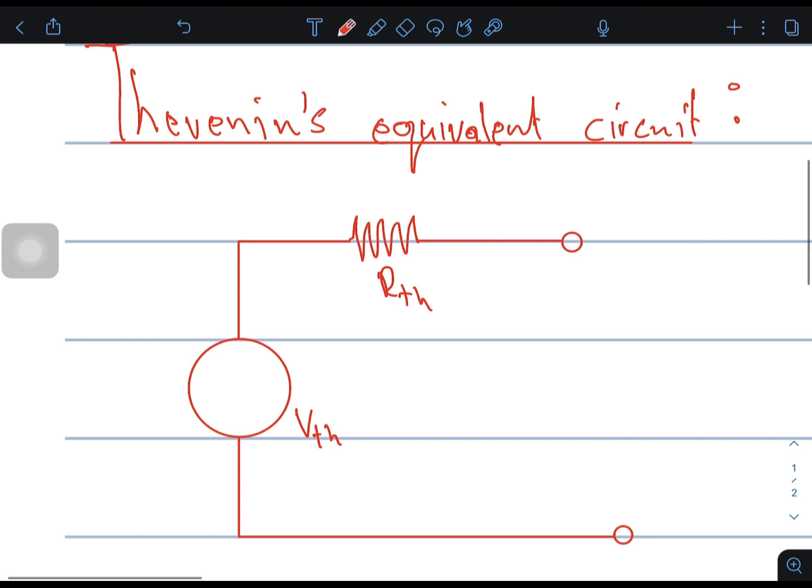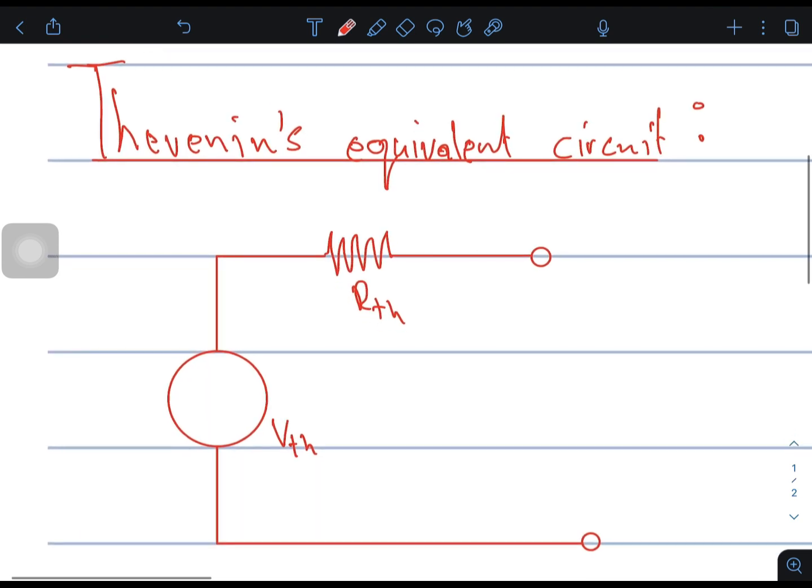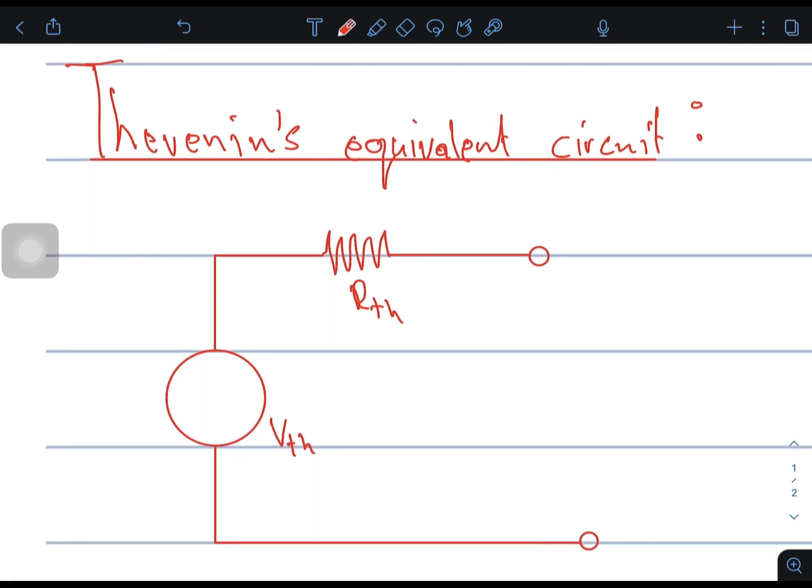So according to this theorem, we can take any circuit and reduce it to this equivalent circuit, which we call the Thevenin equivalent circuit.